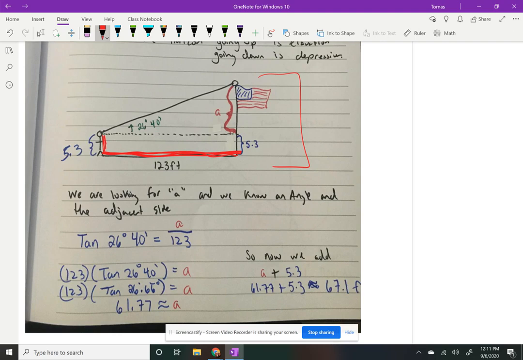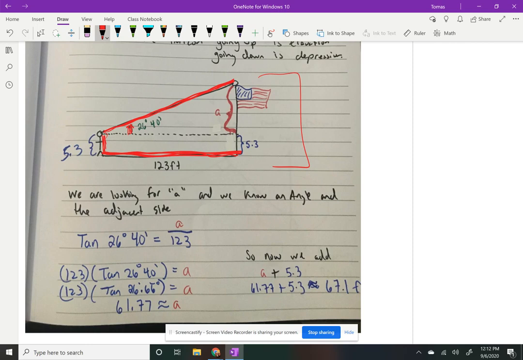It's a machine that allows you to find the precise degree of elevation. It's like a little telescope on a stand, and you set it so that it's lined up with the very top of whatever you're trying to measure. So we have this person using one of those machines.